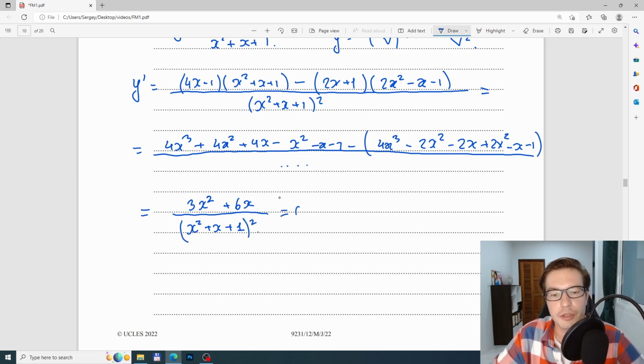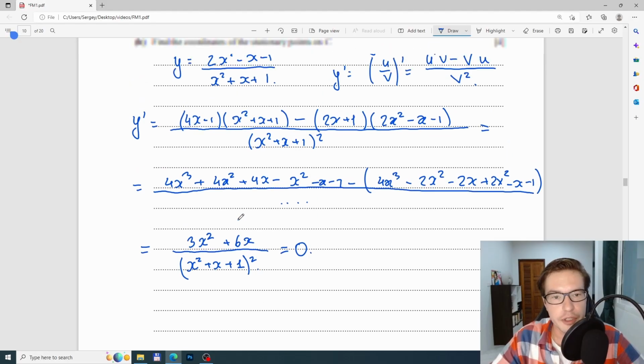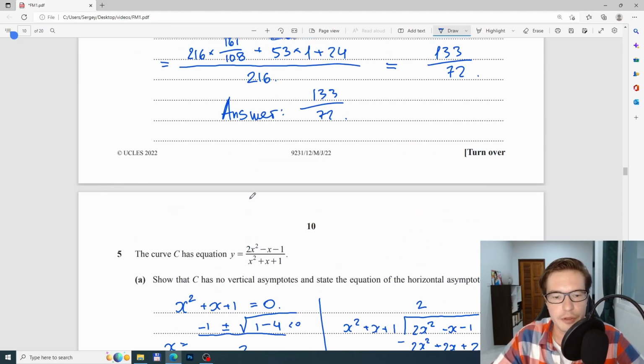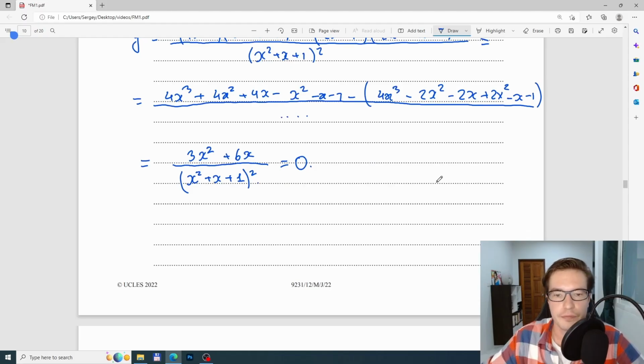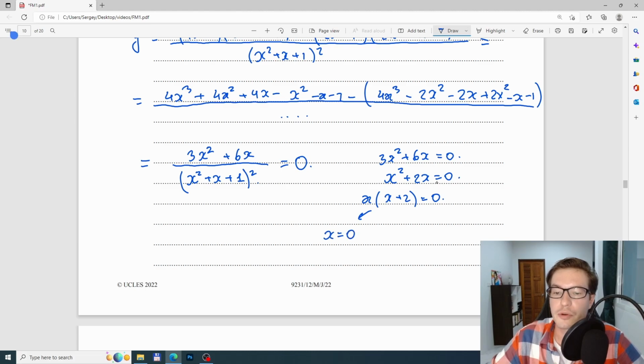Okay, and that should be equal to 0. Now, we don't really have to worry about the denominator, because in the previous question, we've already seen that it never equals 0. So we just set 3x squared plus 6x equals 0. Let's divide by 3, get x squared plus 2x equals 0. Factorize. And we get 2 x coordinates of the stationary points. So it's minus 2 and 0.